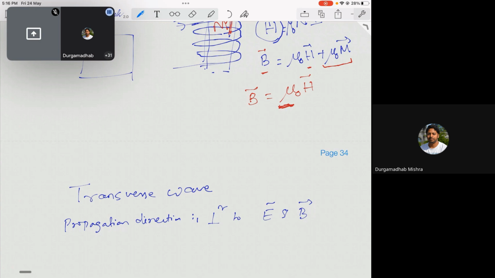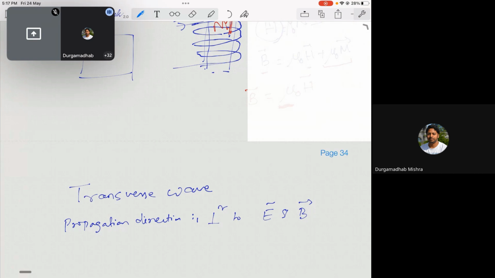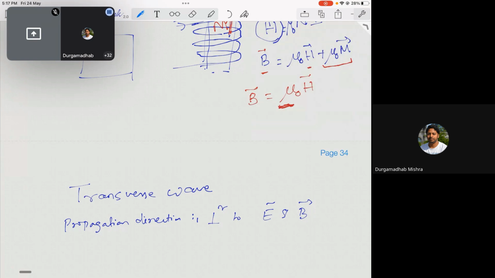In the book, you will find some problems on how you can write these wave equations and solve them. You can calculate the divergence and curl of these things. And one thing I should tell you here: you can write down any wave equation.